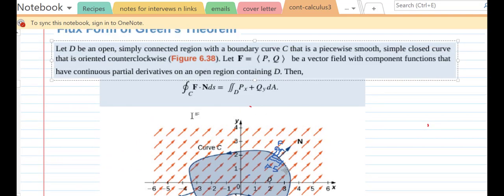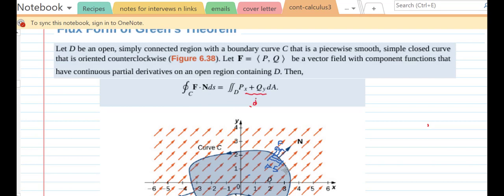So the flux is the integral of F dot n ds, which is made easy by calculating over the region D the integral of Px plus Qy, which is the divergence, because Px plus Qy is the divergence.